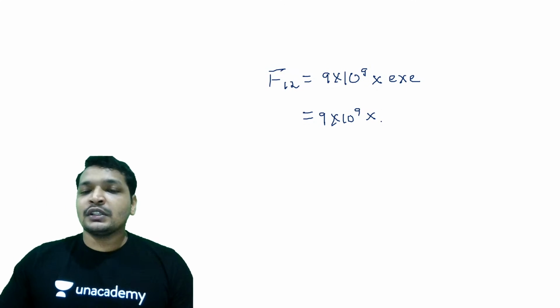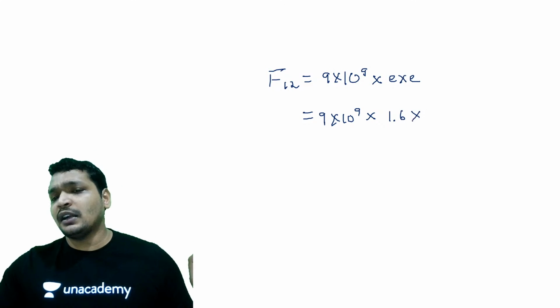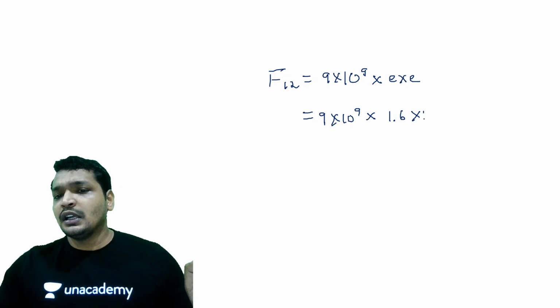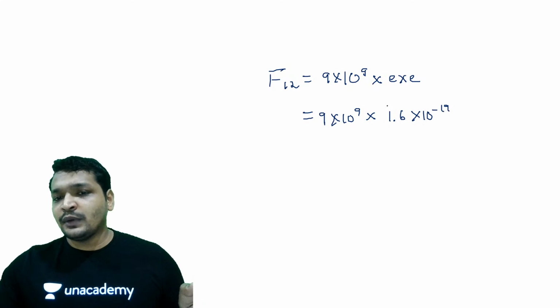So what is the value of e? It's approximately 1.602, only up to 2 decimals have been asked, into 10 to the power minus 19. So it's basically e square, just squaring it.